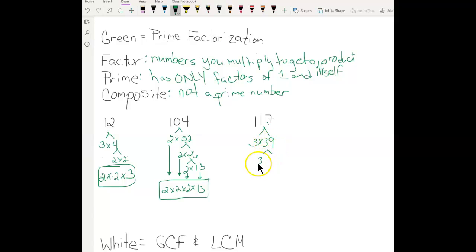So times 3, 3 goes into 3 once, 9 3 times. Oh, look at that. So this one is 3 times 3 times 13. I'm almost done, guys. So that's prime factorization.